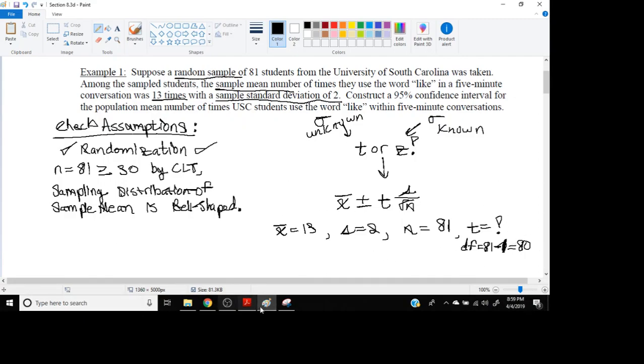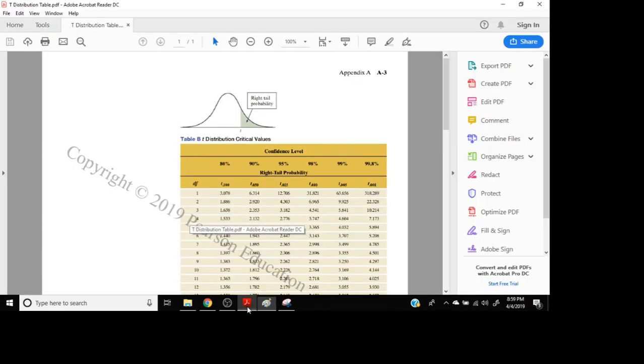In your textbook, and I'll also give you this table here, we have a T distribution, right? Table B, T distribution critical values, okay? So what this table does is it gives the right tail probability. Remember when we were dealing with the normal distribution, the Z table, it gave the left tail probability, the proportion below, okay?